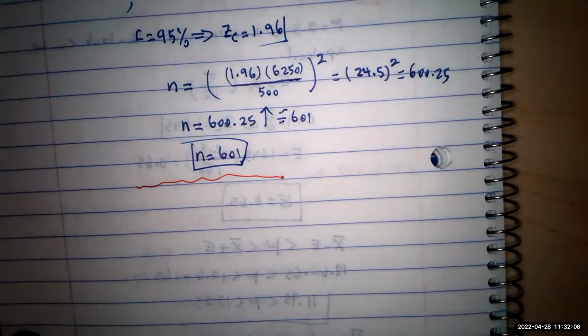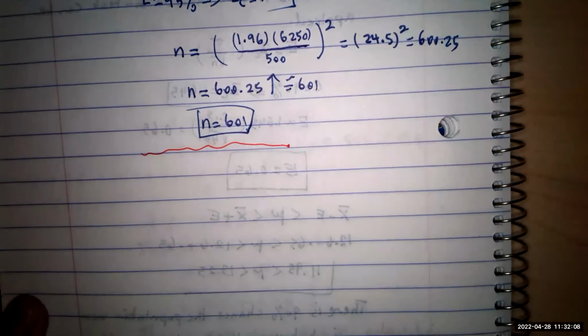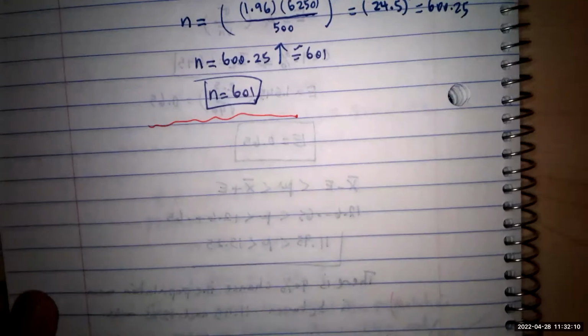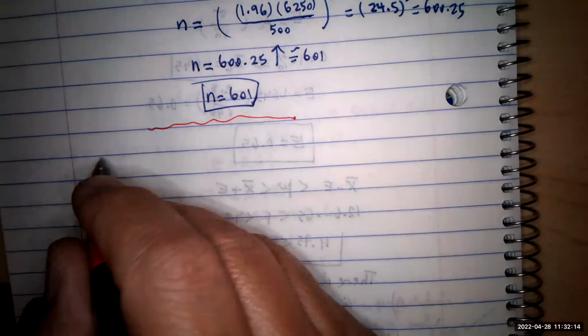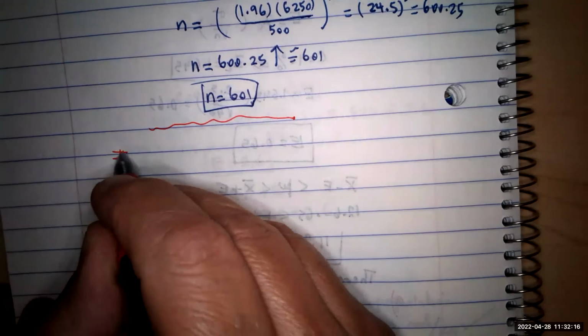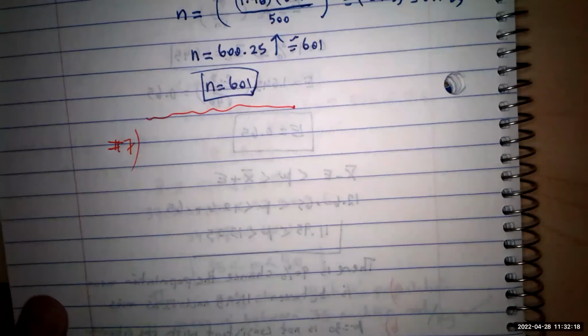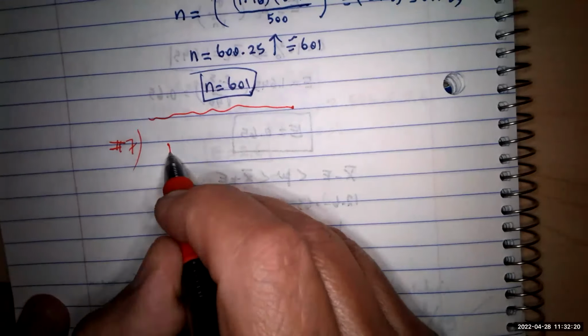Okay, so let's go back to my notebook. Okay, so that was case one. Now case two is going to be problems number 7 and 8. You see, I explained the formula here. In this case, the sigma is unknown.